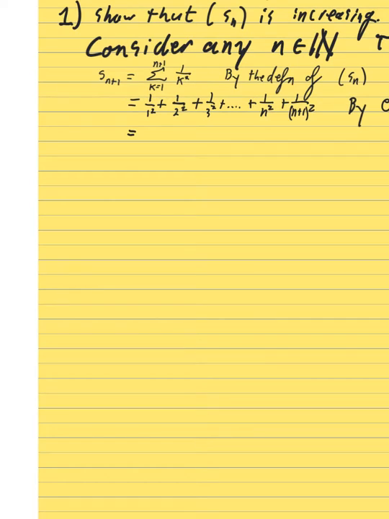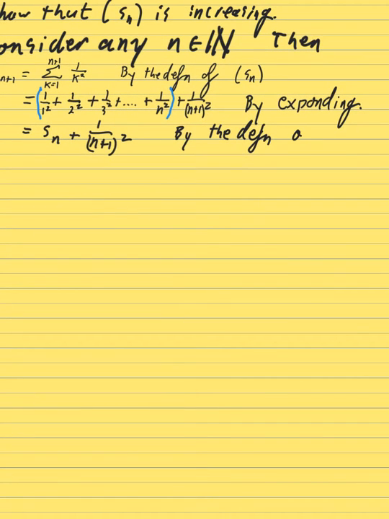And a thing to look at now is, check out just that much. That much looks like a partial sum. So that's equal to S sub n plus 1 over (n plus 1) squared, again by the definition of S sub n.